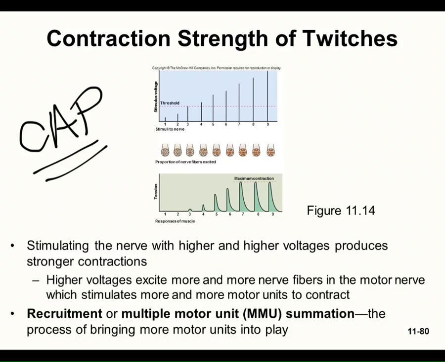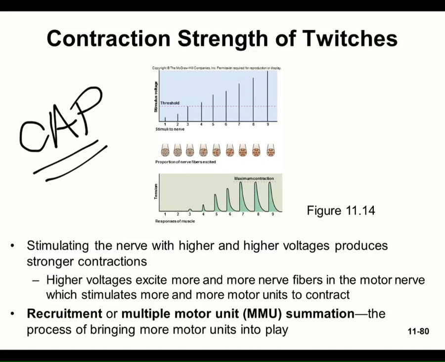Because what's a motor unit? One neuron and all of the muscle fibers that it innervates. So if I only need to lift a small weight, I'm only going to recruit or activate a limited number of neurons. Therefore, only a few muscle fibers will contract. But if I know I need to lift the heaviest thing I can, I'm going to do what?